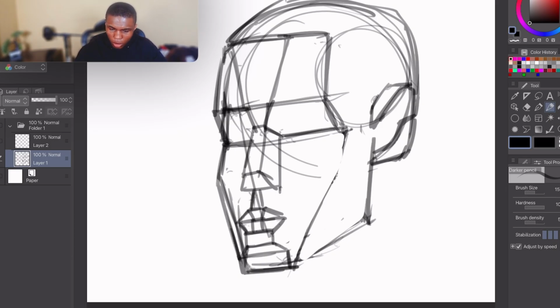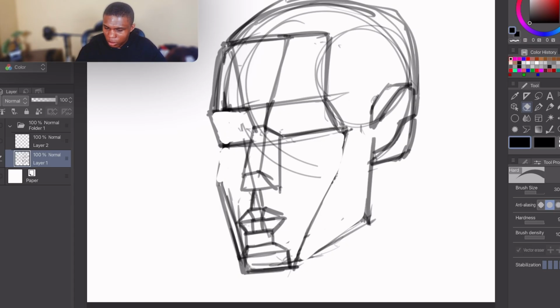And you can see how I'm constantly doing corrections as I'm working. It's because the planes are informing how things should look, so I'm correcting myself without necessarily looking at anything.